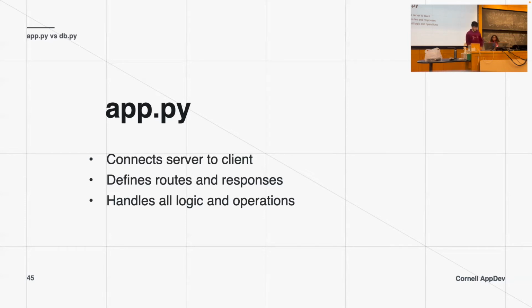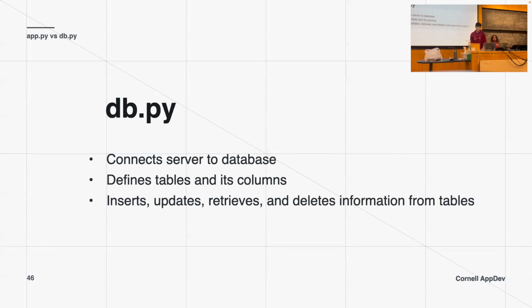And I think I mentioned this briefly as well, but db.py connects the server to the database, defines the tables and the columns, and basically just does single line SQL operations, and you pick and choose which ones to use from app.py. So that's a distinction in this app.py and db.py architecture that is going to help you a lot if you practice, especially for the hack challenge where your project's going to be a bit bigger.